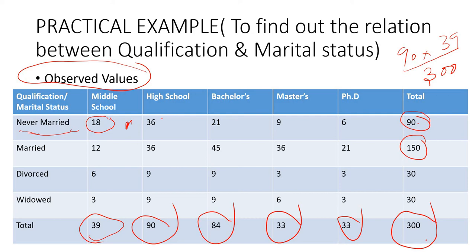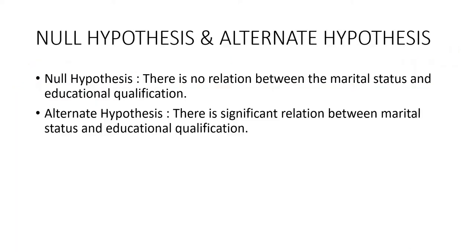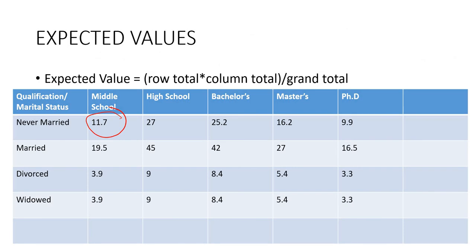Again, to get the corresponding value for this 36, how do we do it? Again the row total is 90. What is the column total? Here it is the column total, 90 divided by the grand total, 300. We calculate this and you get the corresponding value, that is 27.